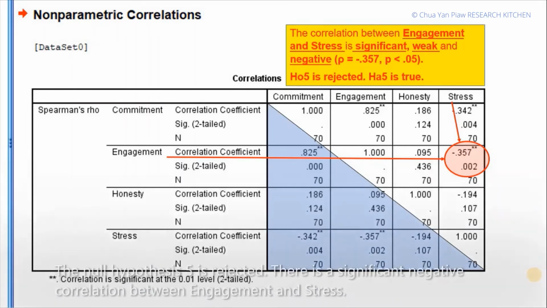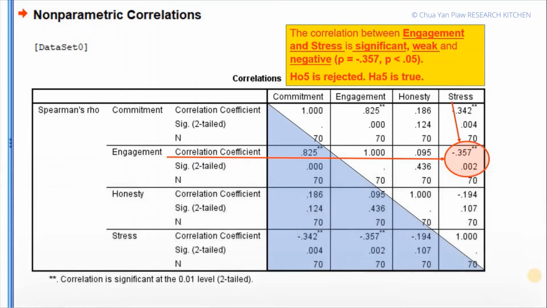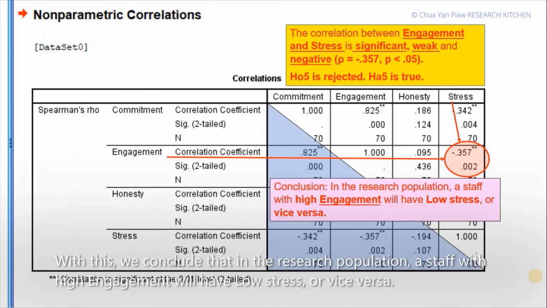The null hypothesis 5 is rejected. There is a significant negative correlation between engagement and stress. With this, we conclude that in the research population, a staff with high engagement will have low stress, or vice versa.